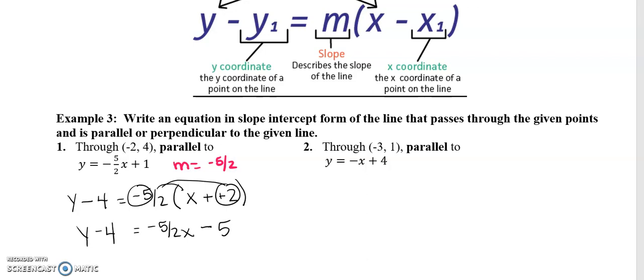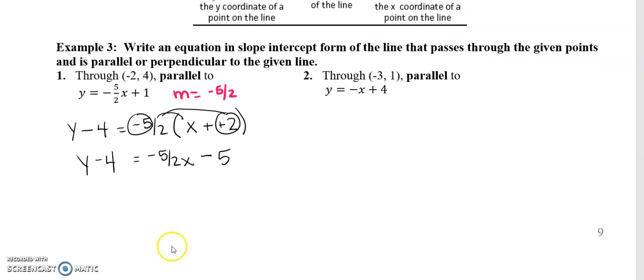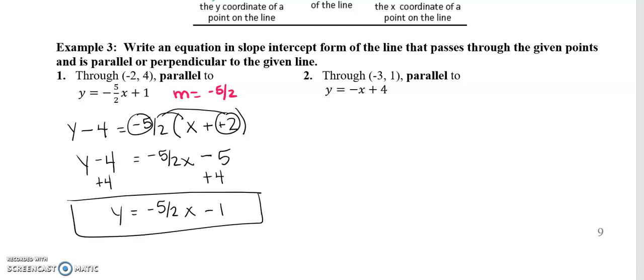And our last step is to get our y alone, which would be to add 4. So y equals negative 5/2 x minus 1.